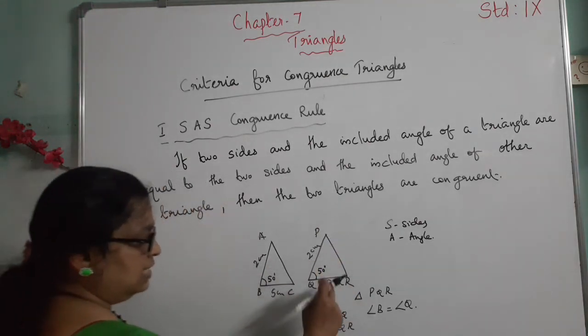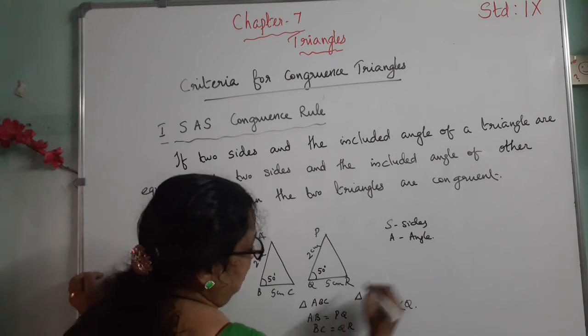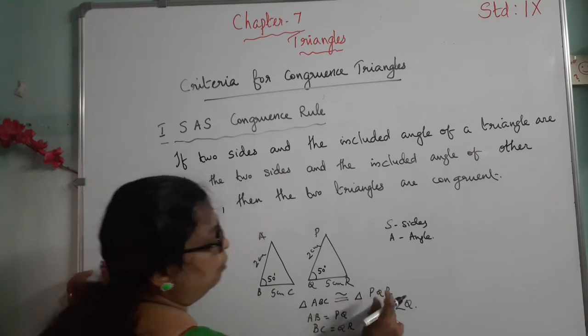And so we can say that ABC is congruent to PQR.